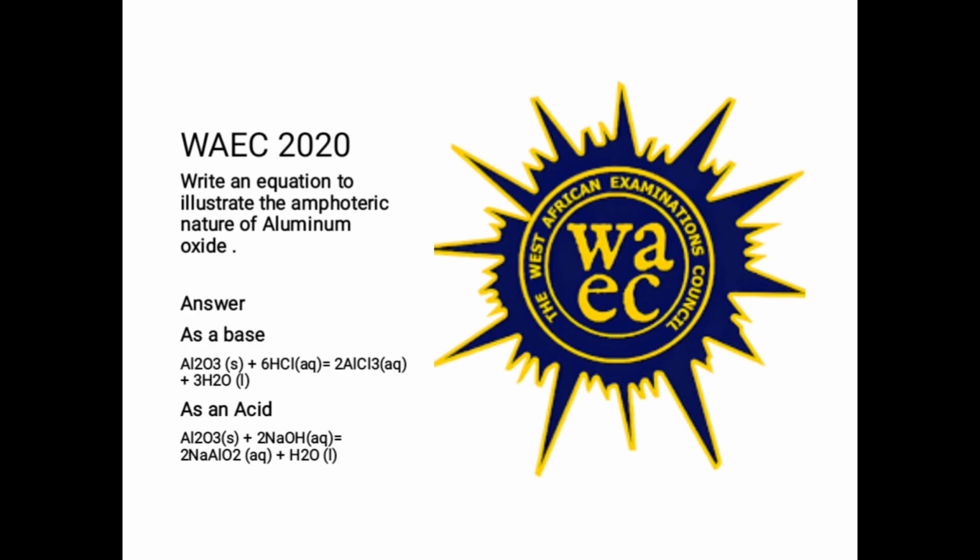So it's much more important that we use HCl or even H2SO4 in this case. So it will react with an acid to produce AlCl3 and water. Then it will also react with a base. It will react with a base to form sodium aluminate, which is a salt, and water.